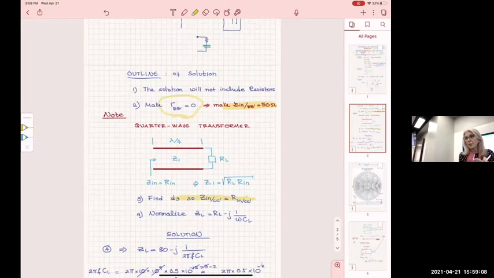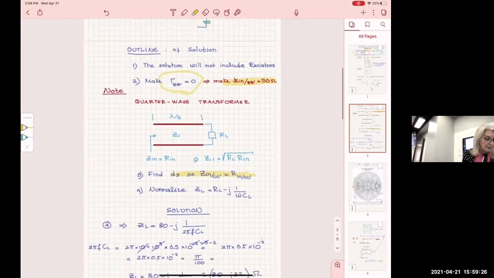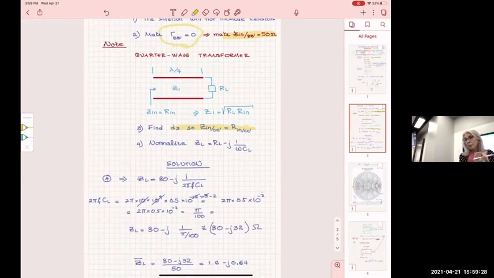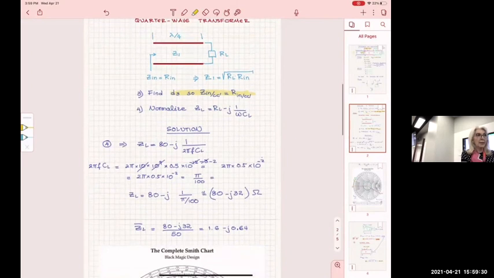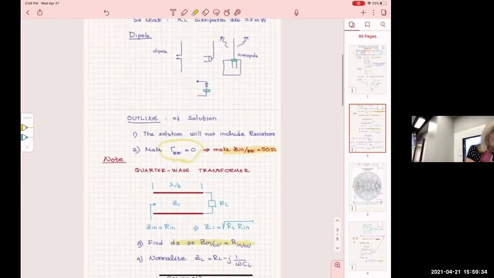Since I need to find Z1, if they had given me Z1, I could not apply the quarter wave. Do you understand that? It's because Z1 is undefined and I can control it. That's why I was thinking of the quarter wave. So I thought of the quarter wave, and then I realized to apply the quarter wave, I have to find a real input impedance in the last section of my problem.